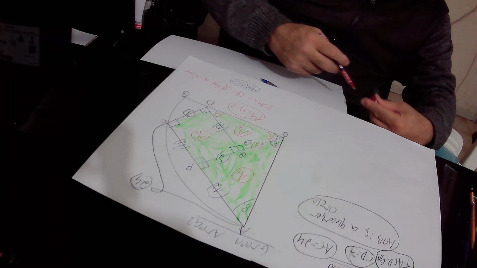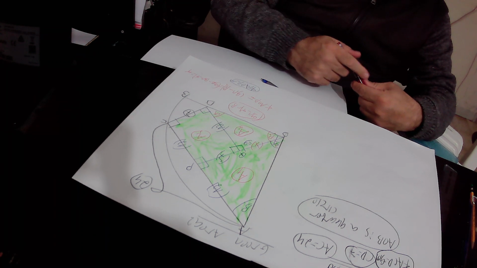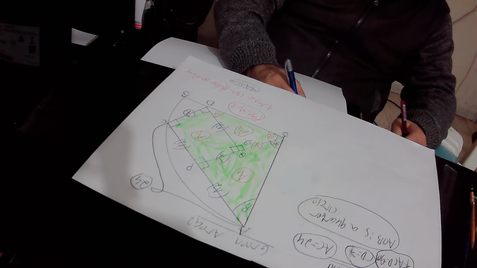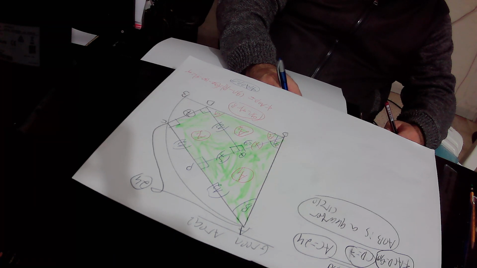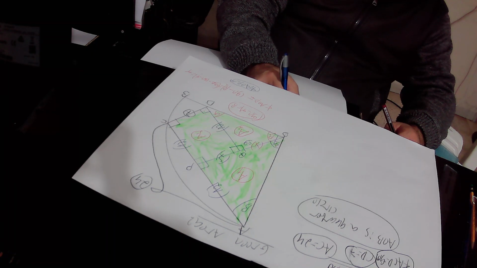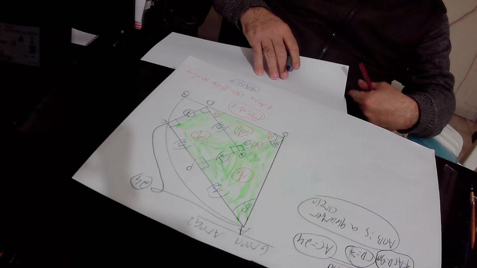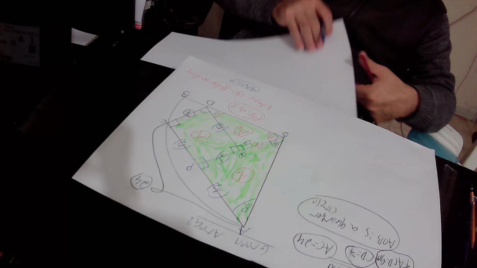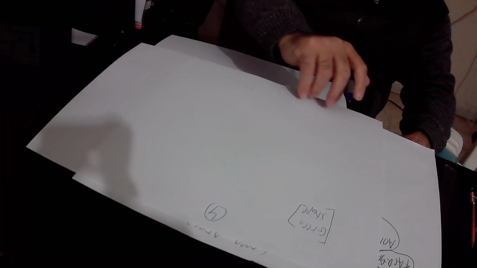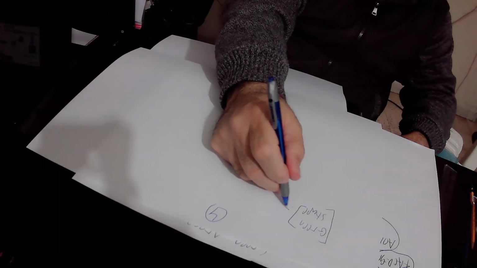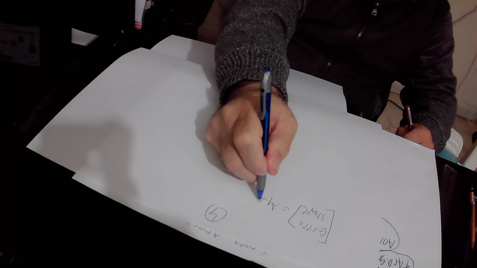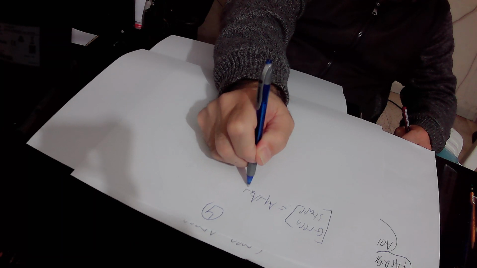So I will write it down. The area of the green shape in total must be equal to A1 plus A2 plus A3.